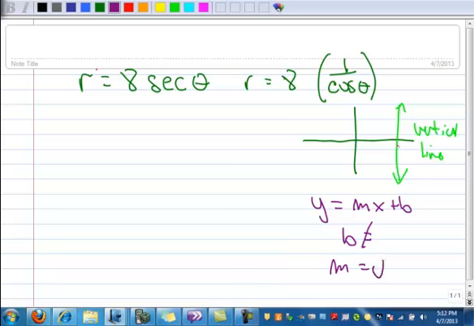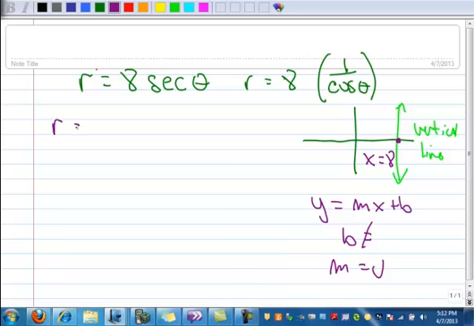So you might recall that this line is just going to have the equation x equals, and I'm assuming it's going to be x equals 8 because there's an 8 there, but let's convert it and take a look at it.